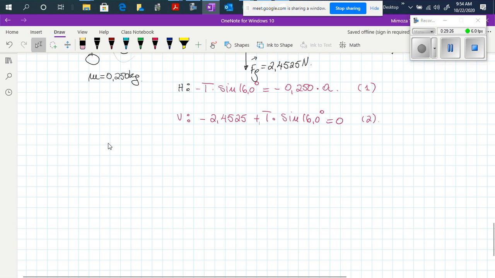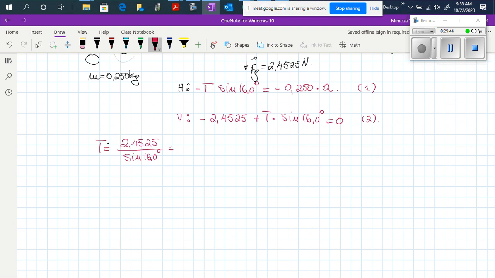So from here we find that tension is equal to 2.4525 divided by cosine 16. Make sure that the mode of your calculator is on degrees.